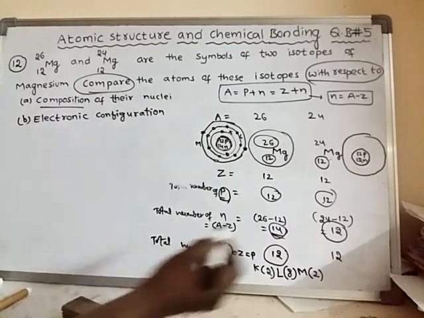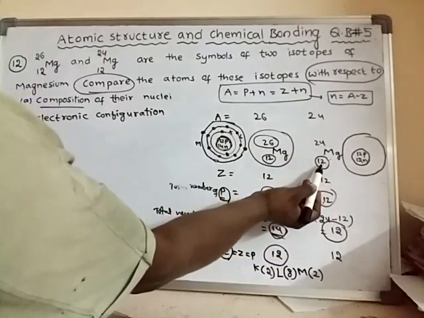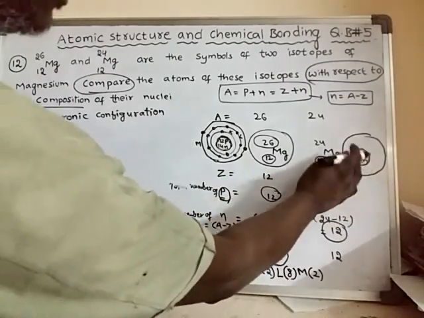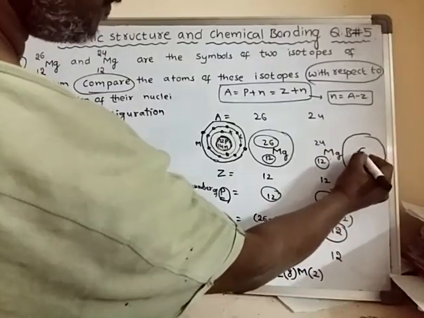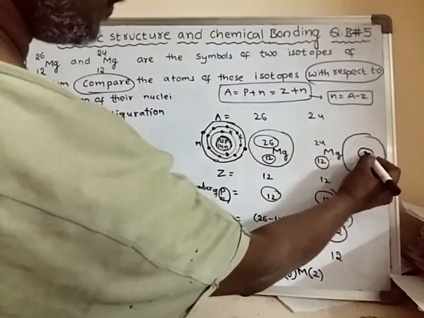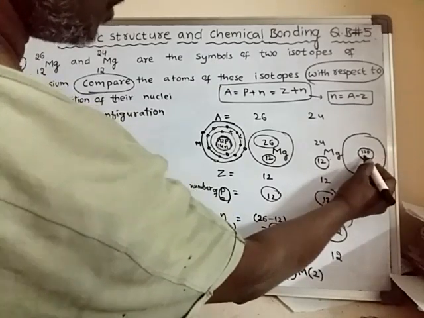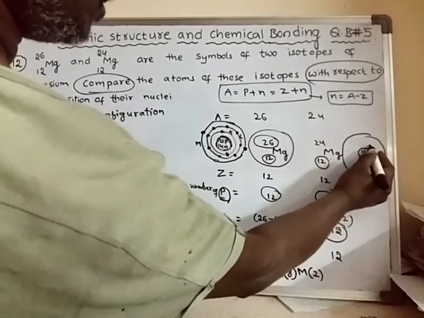In the same way, if you see this isotope, this isotope also has 12 electrons. So you will find the same electronic configuration. The nucleus contains 12 protons, 12 neutrons.